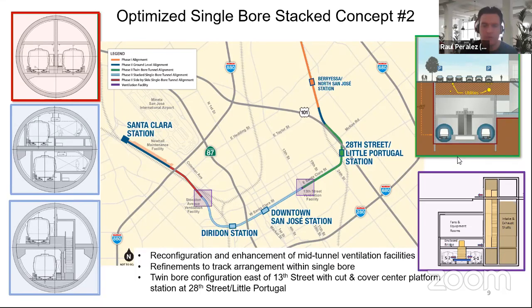Okay, and then I do know that obviously as we're looking at the smaller single bore through downtown, one of the differences and I guess the benefits of the larger bore were the opportunity of having entrances on either side of the street there. Even if that's not a viable option with the current single bore, where we might have to stick to the north side of Santa Clara.